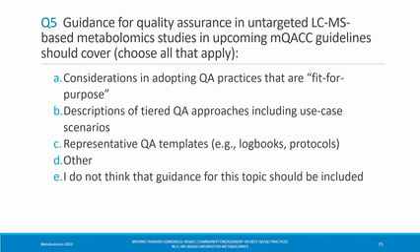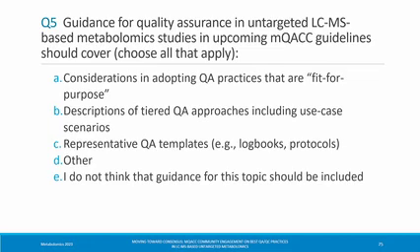So first things first, I'm going to ask a follow-up question on guidance for quality assurance. And this question stems from the fact that, as Matt mentioned, for all the other topics besides QA, we held interactive forums that were external to mQACC, whereas by the time we got to quality assurance, mQACC was large enough that we were able to do an internal poll.